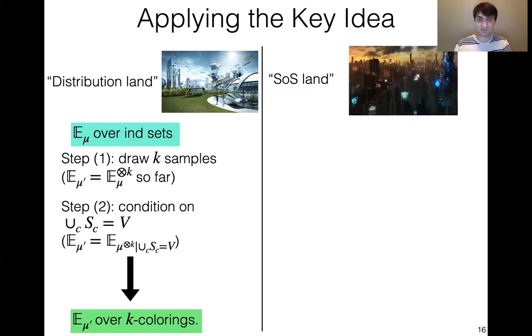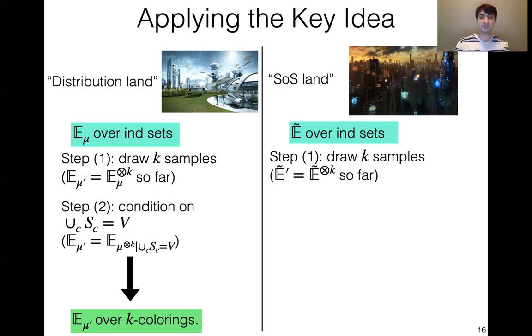Unfortunately, in SOS land, we have to deal with pseudo-expectations, and this is a lot more annoying. So we start off instead with an E tilde over independent sets. Step one is fine. We can tensor this operator, and that still works. There are no issues here. And this more or less simulates drawing k independent samples from the pseudo-distribution. But the issue comes in the conditioning step.